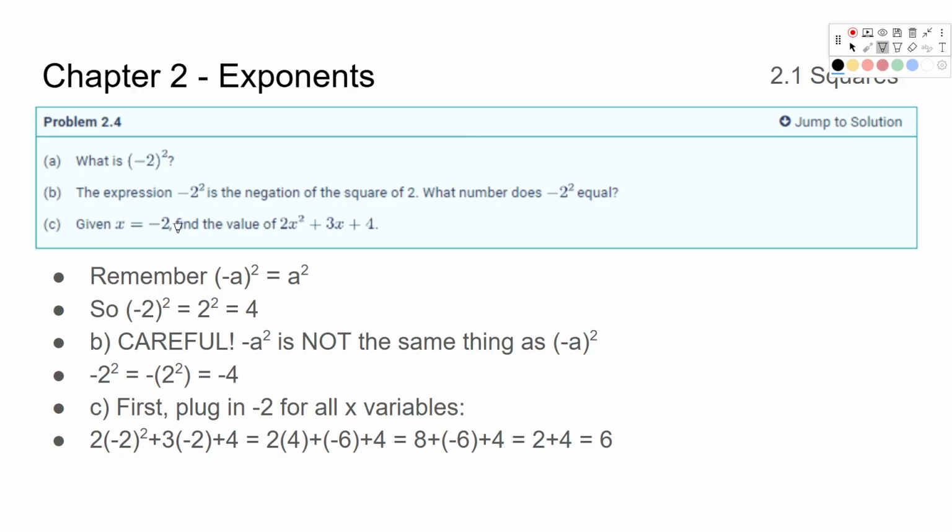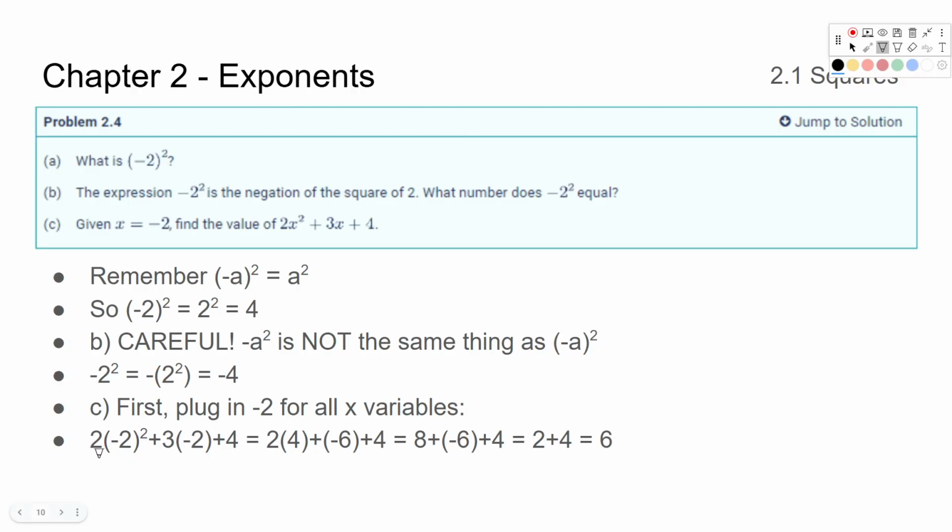All right, so for this last one here, given x equals negative 2, find the value of this expression. Just like we did in the last problem, plug in negative 2 for all the x variables. Remember, we're multiplying any time that we see this x. It's 2 times x squared. So 2 times negative 2 squared plus 3 times negative 2 plus 4.